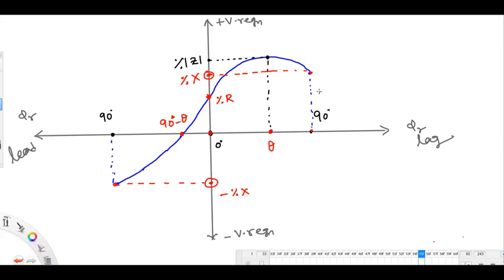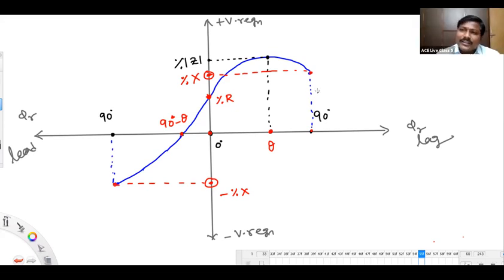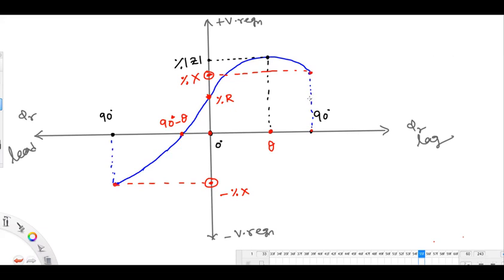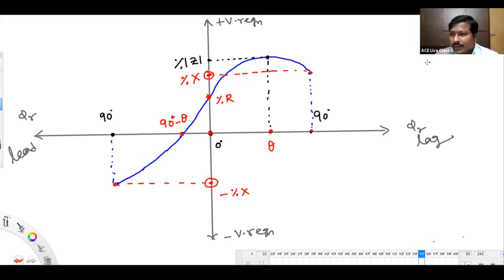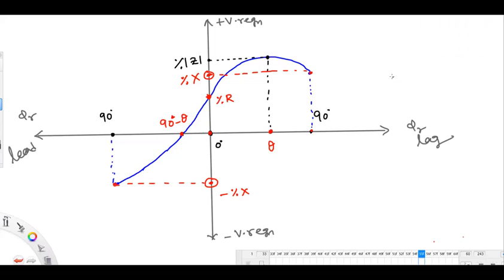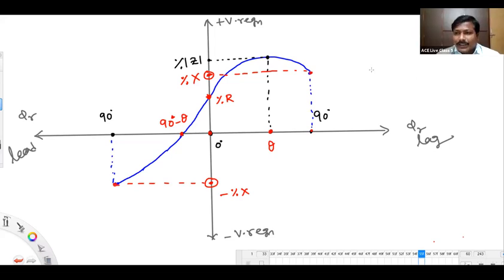Maximum voltage regulation indicates, approximately, the maximum voltage drop, not exact meaning. It's the maximum rise in the receiving end voltage when the load is disconnected. Zero voltage regulation means there is no change in the voltage. Thank you, sir.